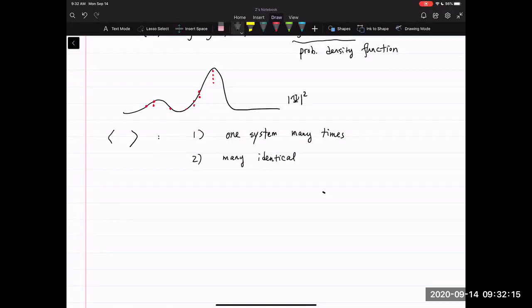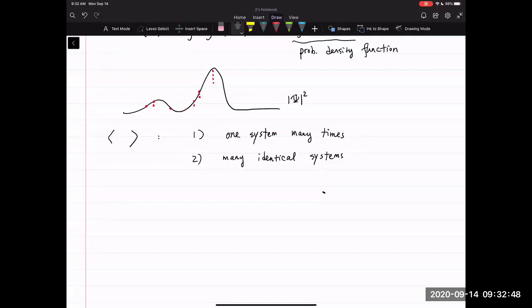If we have many identical systems, then we can measure each of them. Since they're identical, it's like repeating the measurement multiple times for the same system. Then we get multiple values, the distribution is described by the wave function, and the expectation value, denoted by this angular bracket, the so-called observable, can be evaluated by doing this integral.